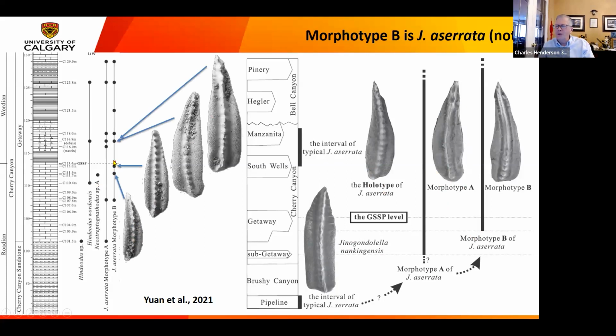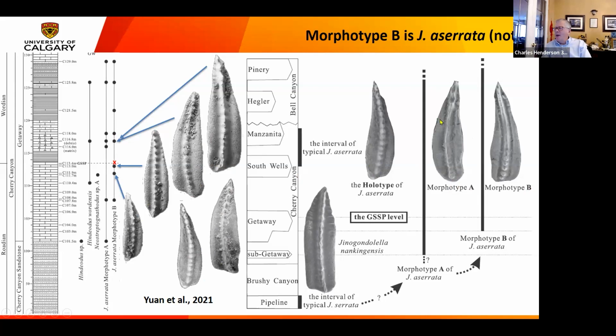Just below, there's the GSSP level, which does not have any conodonts for sure. And then a little bit higher in here, here's two specimens identical to some of the others. And just a reminder, there's the holotype. There's one of the paratypes in Clark and Behnken. And you can see that going in that interval, we definitely have A. serrata.